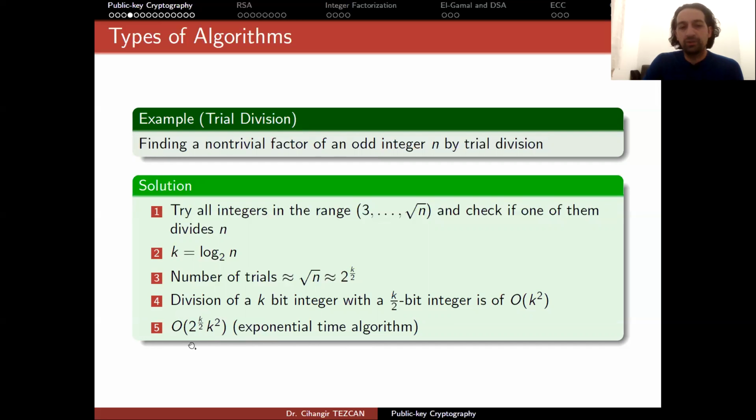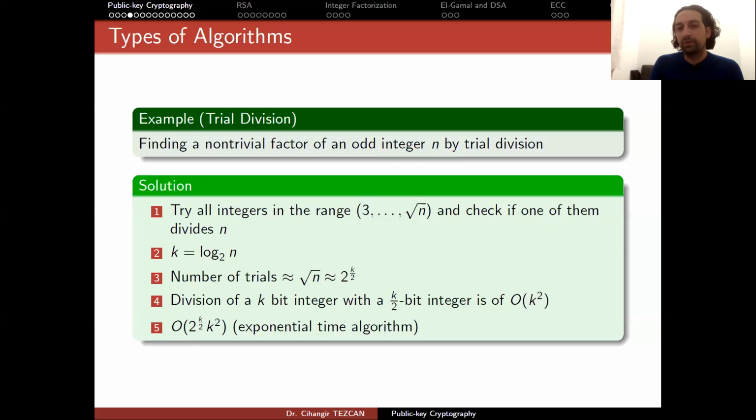So as you can see, it is an exponential time algorithm. This means that if you try to find the divisors of an integer in this method, it will take exponential time. So when the bit size of n increases, your complexity increases exponentially.